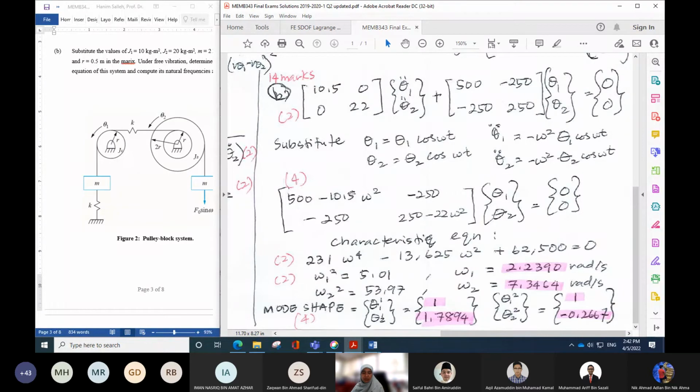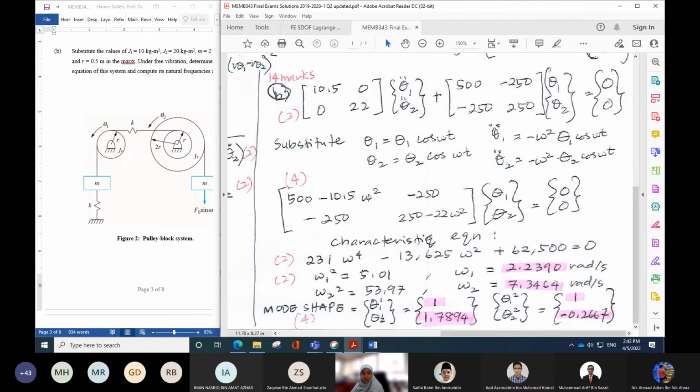The way we write the mode shapes is to take the first equation, set theta 1 equal to 1, calculate theta 2, and add your first frequency, which is 2.2390. Do the same thing for the second mode shape. Theta 1 equals 1, get theta 2, and add omega 2, 7.3464.